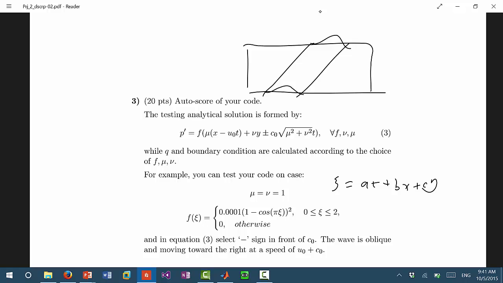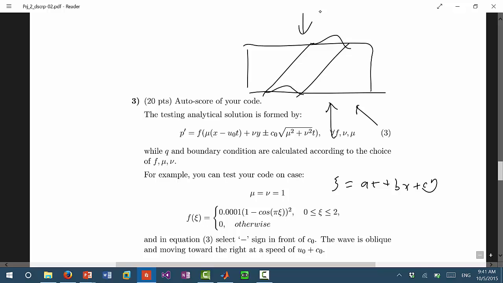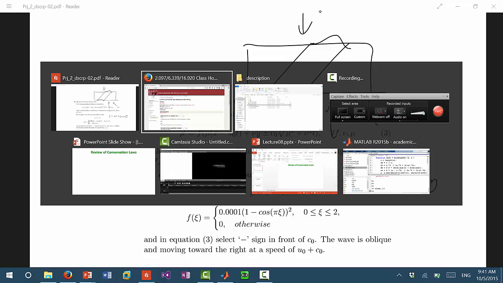Not necessarily like that; you may be going in this direction or that direction, whatever. But your boundary condition is going to be a function of time, so you have a bump that goes through your boundary. Okay. Any other questions? Nope. Okay, so let's get into today's lecture.